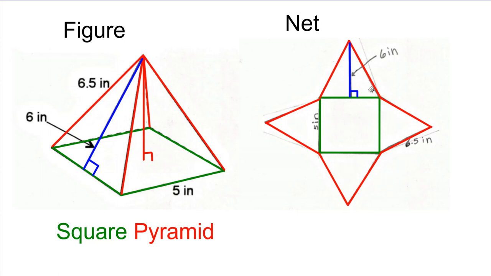It would look like this, right? All four of the triangles, the lateral sides, unfold to give us this kind of star shape. If I cut it out and folded along the green lines, I could create my square pyramid. Also notice the dimensions that match up. The height of this triangle on the side is going to be our slant height over here.